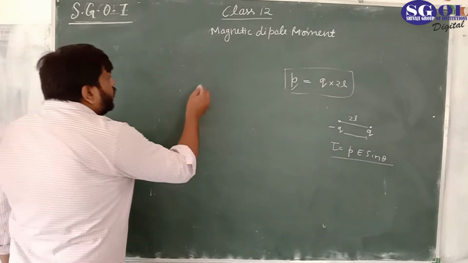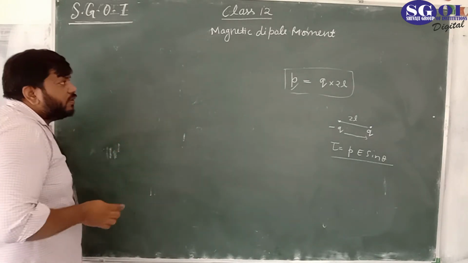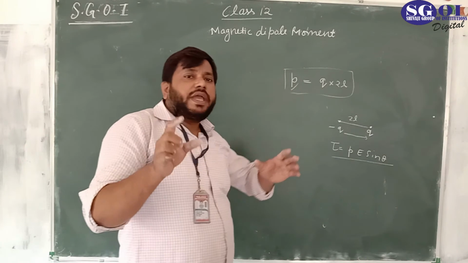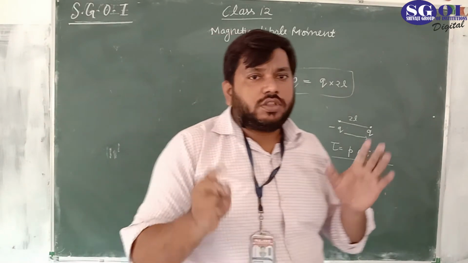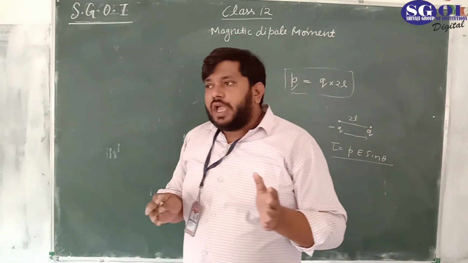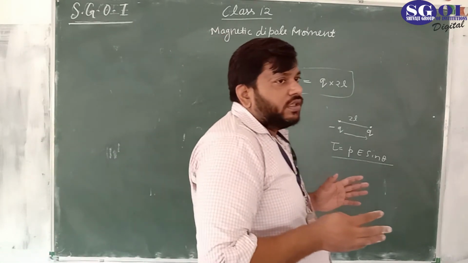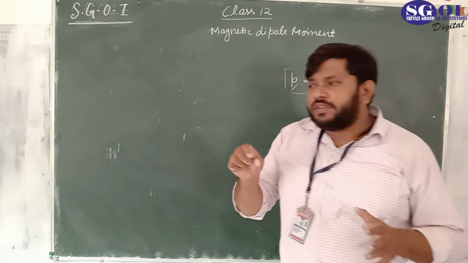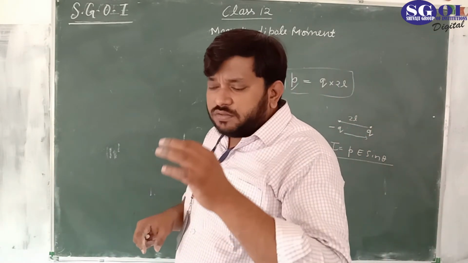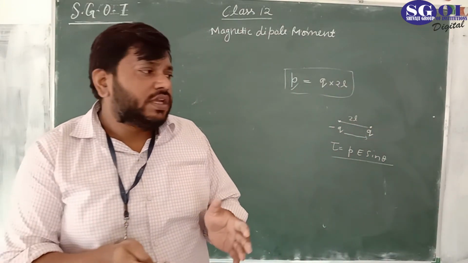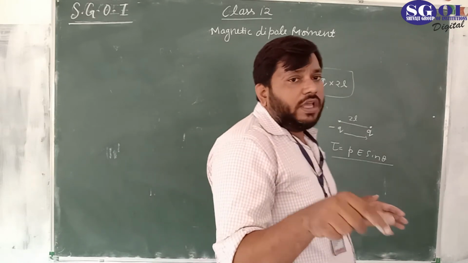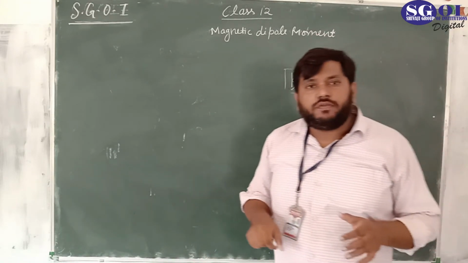For defining the magnetic dipole moment, we know that a magnet has two poles, north and south, and in a magnet these two poles cannot be separated. If there is a north pole, there must be a south pole associated with it always.